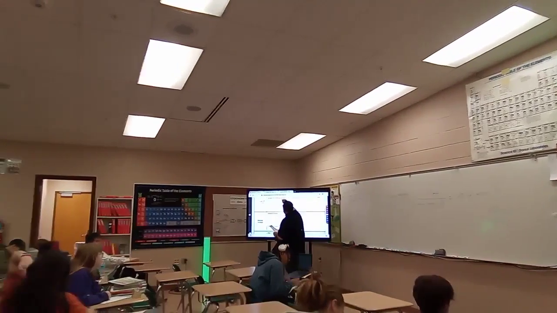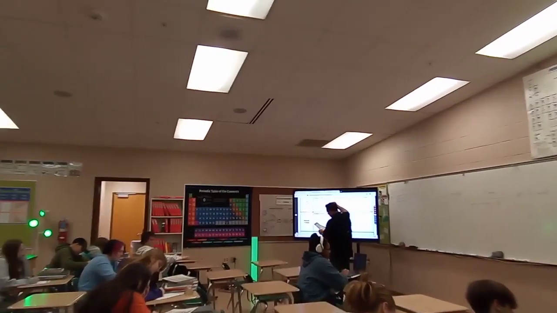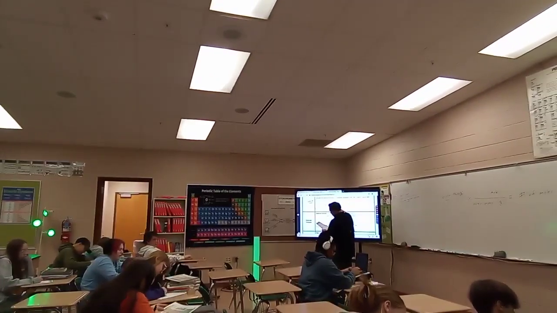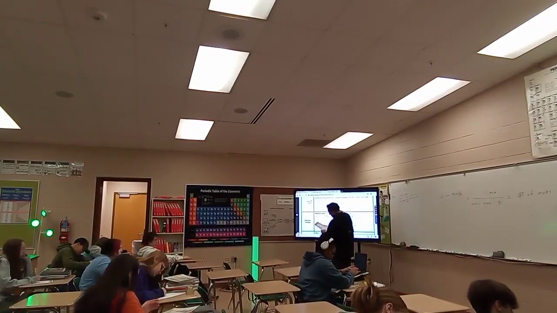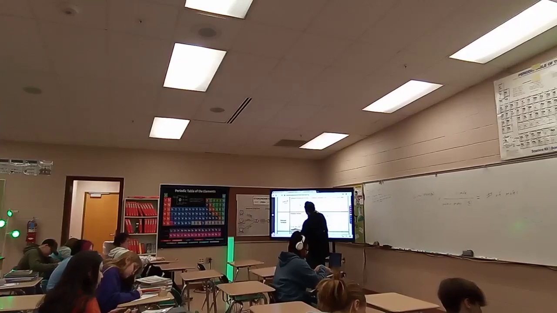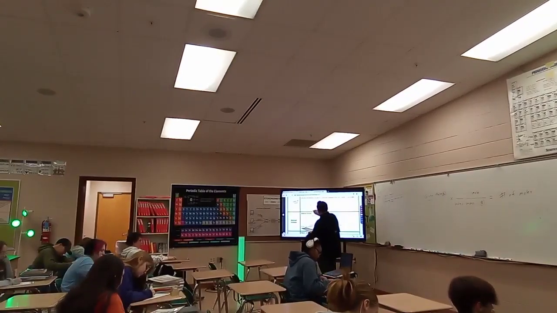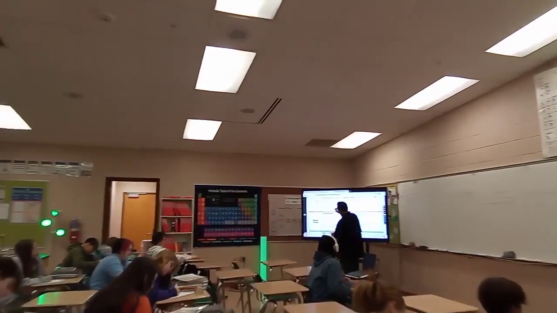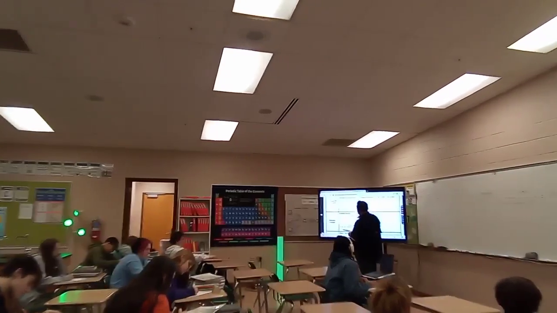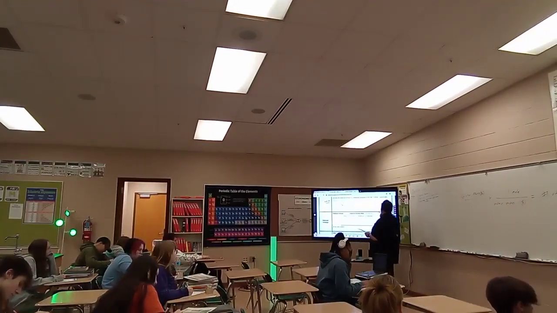Now when I do the math, this is 4.1. That's moles of carbon. This is 6.8 moles of hydrogen. And this one is 2.7 moles of oxygen. Okay?